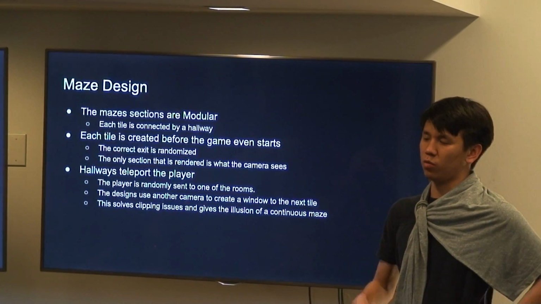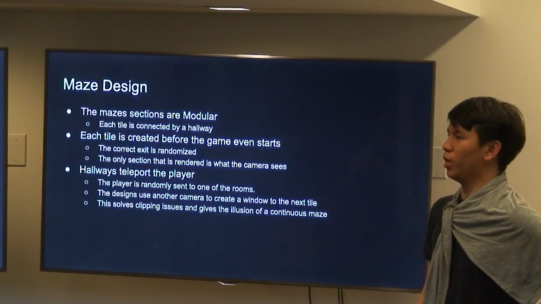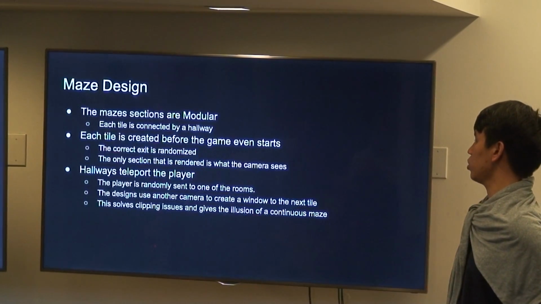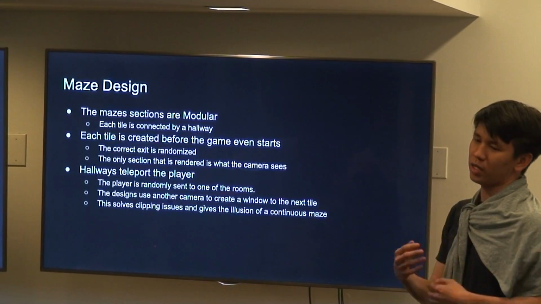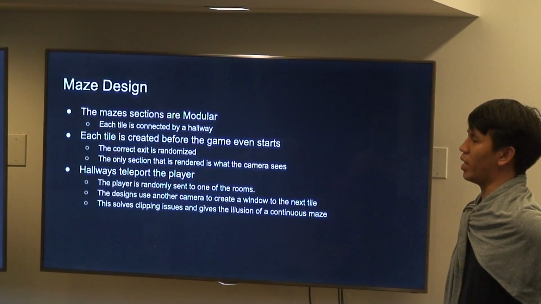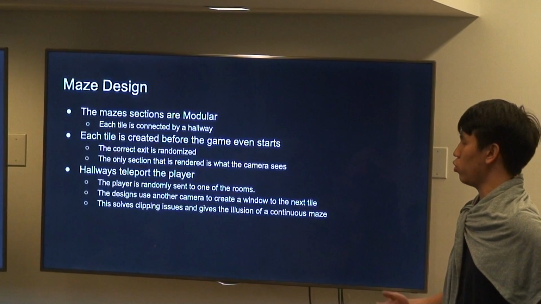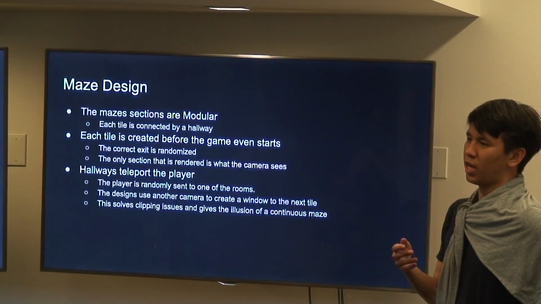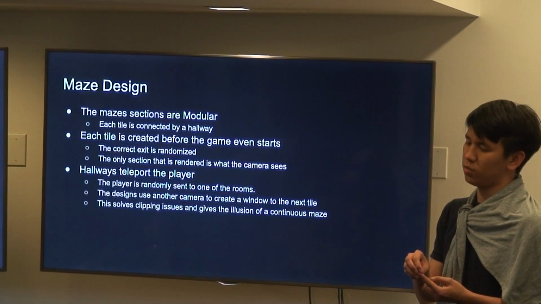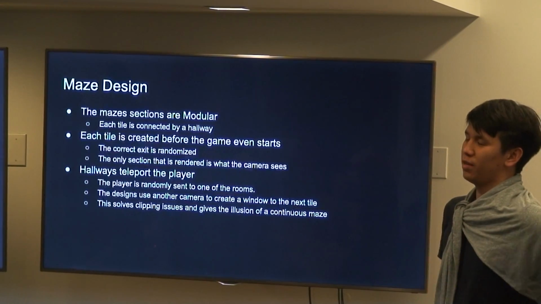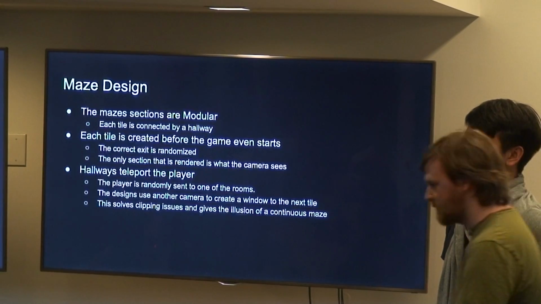Looking back at what we've got from the previous semester, we had a very modular maze. Each of the tiles is connected by a hallway, and we procedurally generate them every time we enter a new room. To accommodate rooms of different sizes, we have to figure out how to connect them.